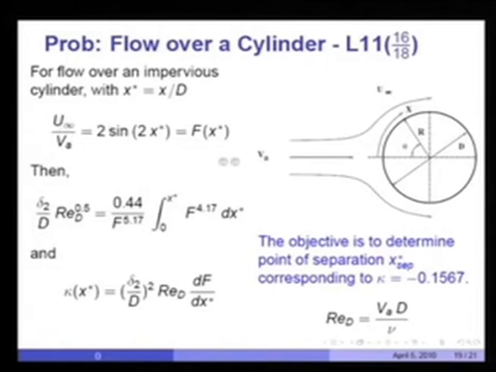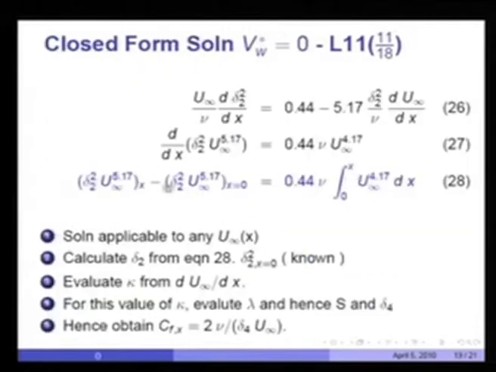For this variation of free stream velocity, I can show that delta 2 by d RED will be simply from the equation here. Using this relationship, I can determine delta 2. Remember, delta 2 at x equal to 0 at the stagnation point will be 0, and from there I integrate.